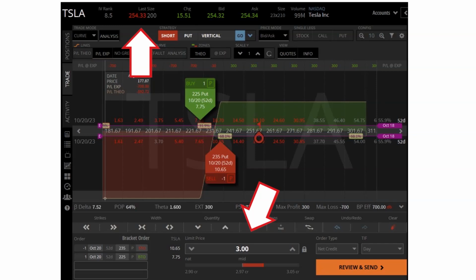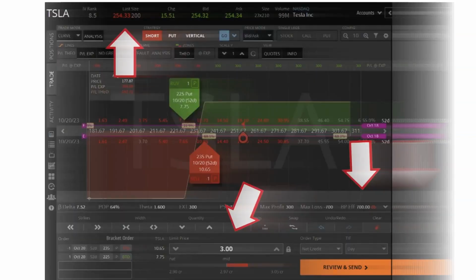However, we also own the 225 put option, which we bought. The buying power that we are using is only $700. This is because the max loss is the $10 width of the spread minus the $3 in premium collected, so it's $7 or $700 since one option contract controls 100 shares of stock.